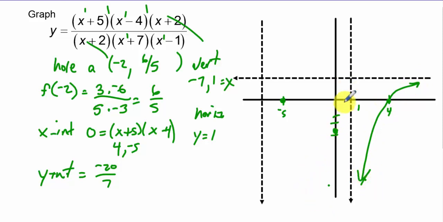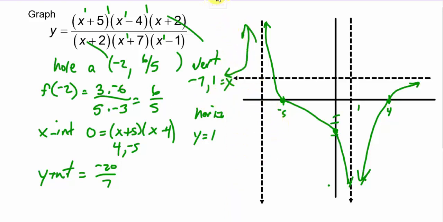I know it can't cross the x-axis here, so this has got to go down. And then this point has to come into here. And because I have a multiplicity of 1, it has to go through that point, cross the horizontal. Remember, it can do that because horizontals only describe end behavior. And then since over here I have no x-intercept, it can't go down here, it has to go up here.